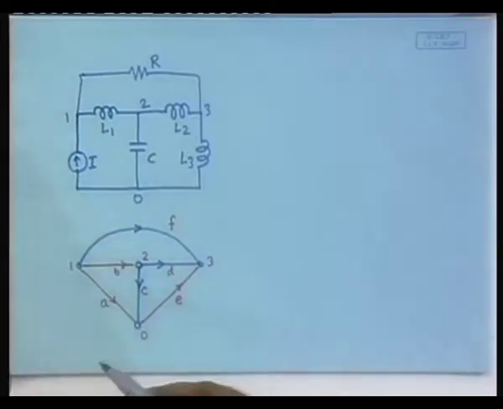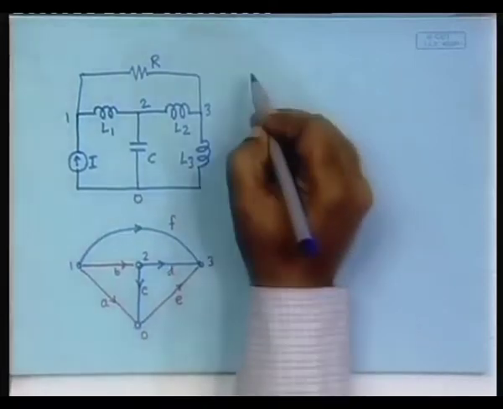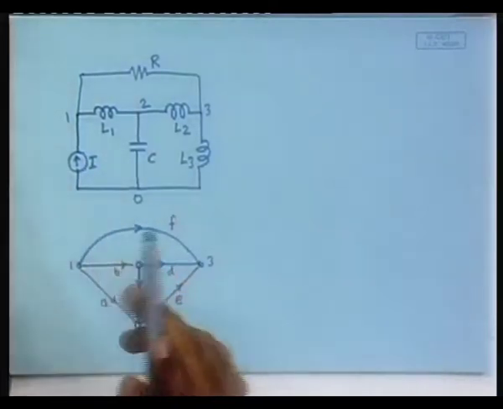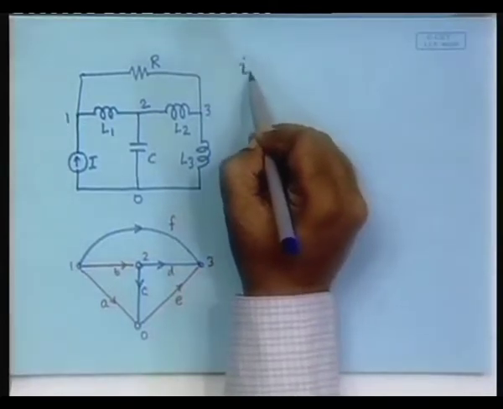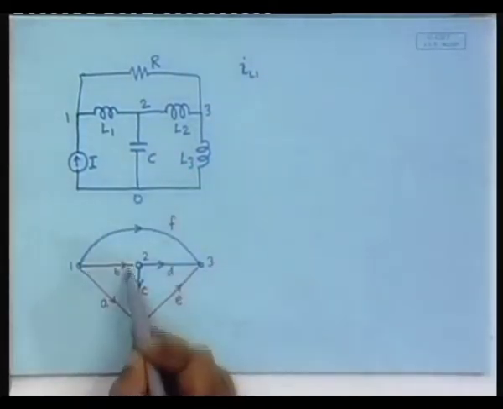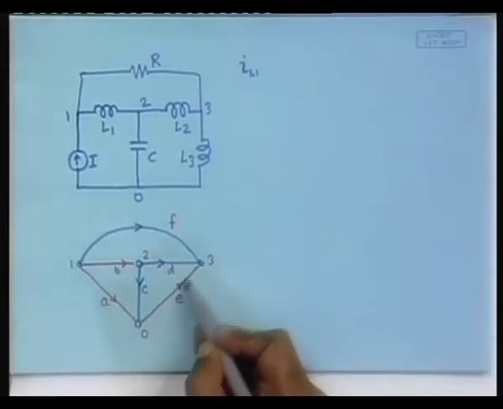We start writing it by identifying the places where we want to write down the differential equations. So differential equations, the state variables will be what? The co-tree inductances. So IL1 here is in co-tree, this one is in co-tree.